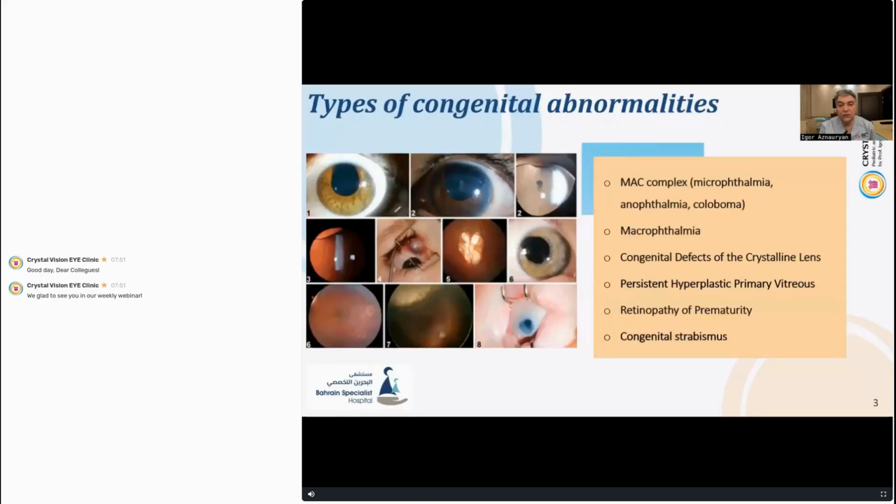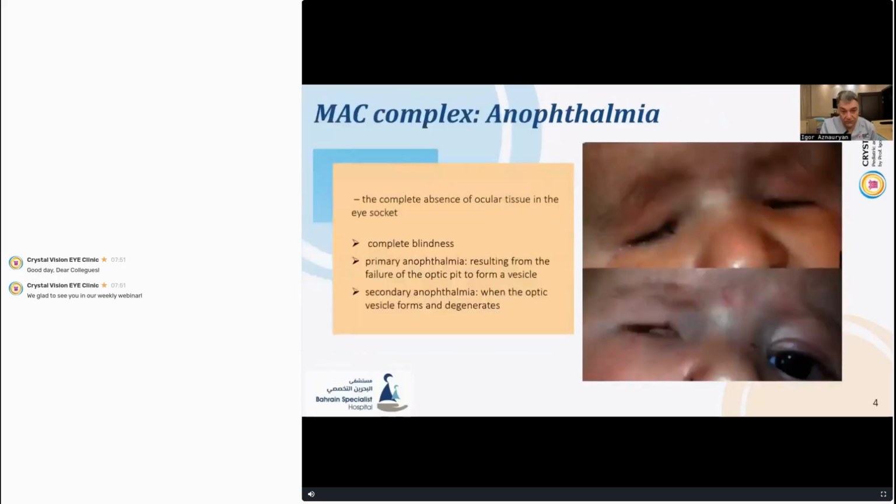Here is a certain classification of congenital anomalies depending on location or various syndromes or manifestations. As you can see, the range, as I mentioned at the very beginning, is quite broad. Practically all structures are subject to one or another congenital anomaly.